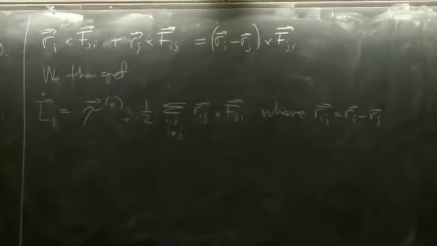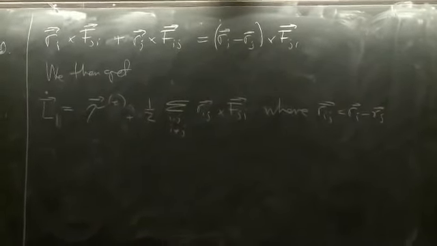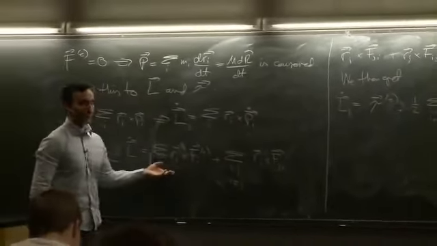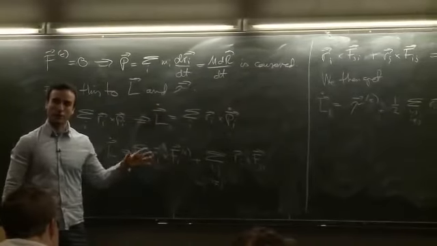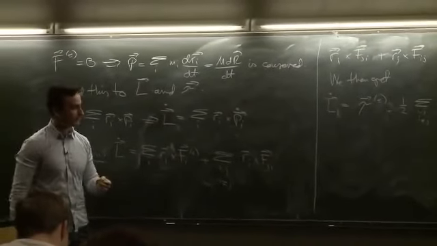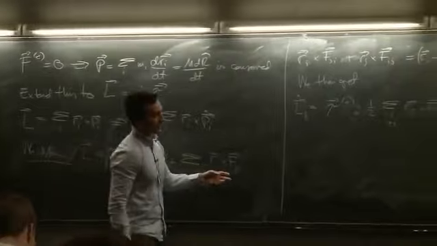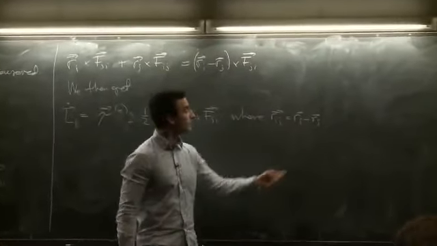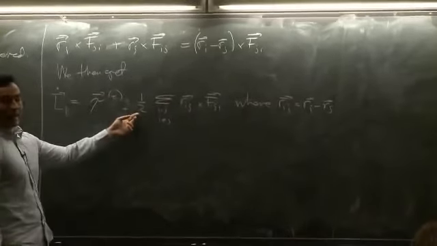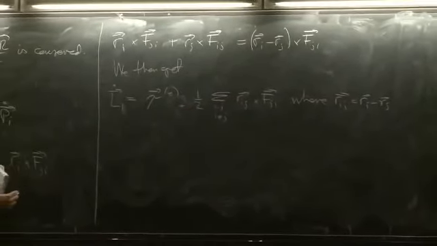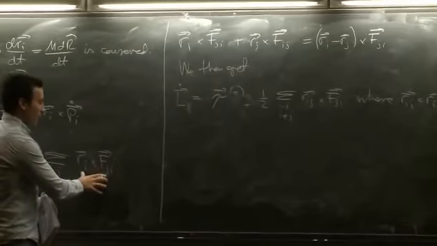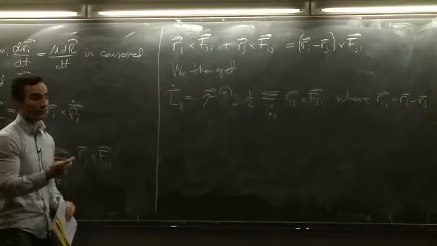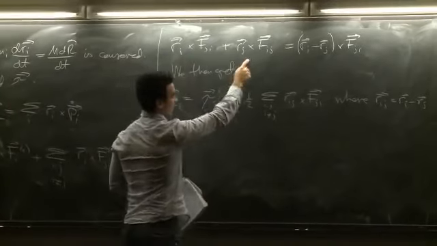So if I do this, I can rewrite this equation like this. The first term here is just the external torque, the torque acting on the system from external forces. And then I introduce this relative vector, R_i minus R_j. And this 1/2 comes from the fact that I can rewrite one term in this sum as 1/2 multiplied by this.